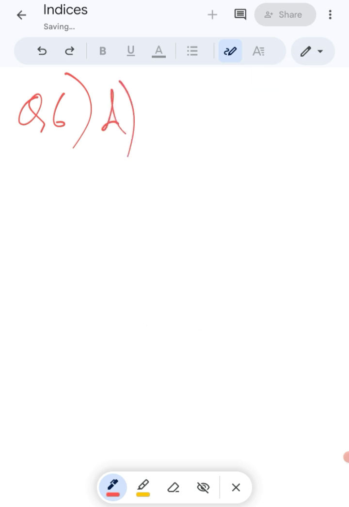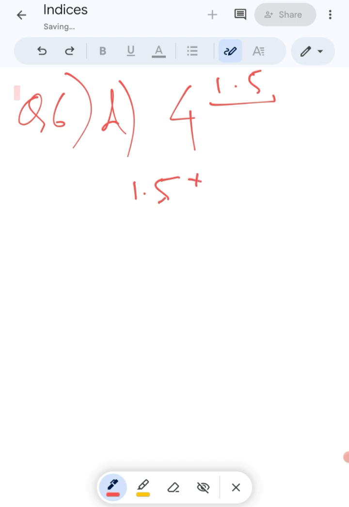Starting with part D now. It says 4 raised to the power 1.5. Now as this 1.5 is in a decimal form, I need it in a fraction form to solve my question further. How could 1.5 be written in a fraction form?